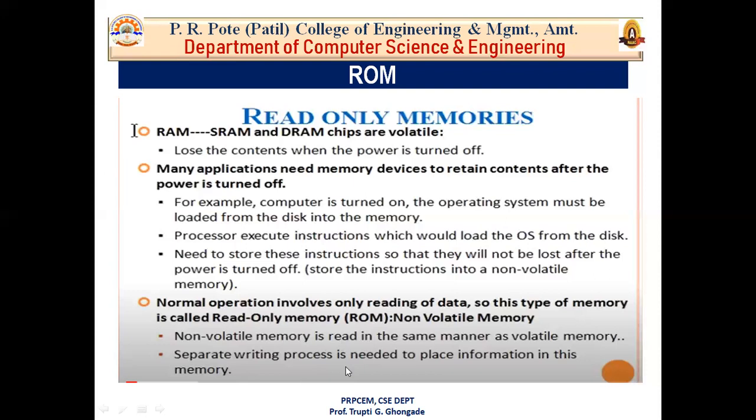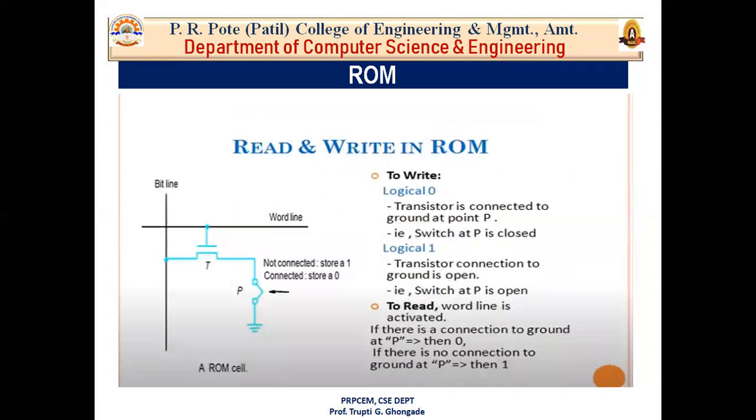Now let's see the read and write operation in ROM. If we need to write data into a ROM, we can write two kinds of information, either logical 0 or logical 1. That means we can store logical 0 and logical 1 in a ROM.